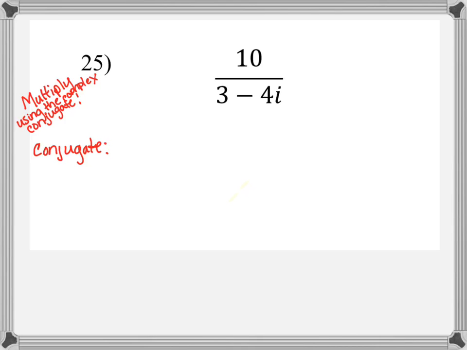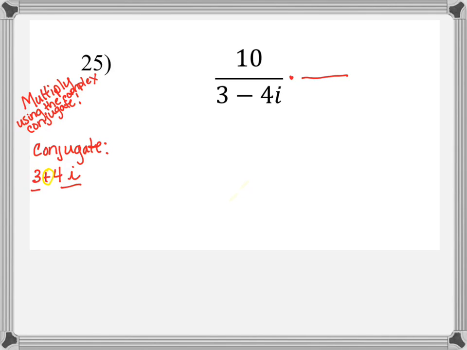The conjugate will have the same terms, but the opposite or inverse operation in between the terms. So here, since we had 3 minus 4i, our complex conjugate will be 3 plus 4i. Same terms, 3 and 4i, but instead of the minus, we have a plus.